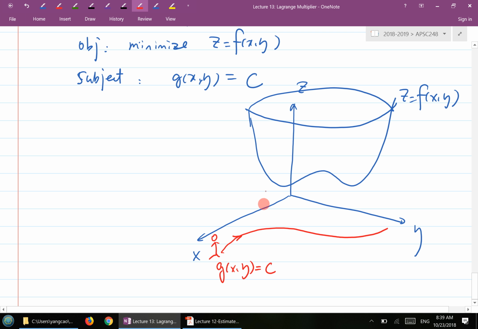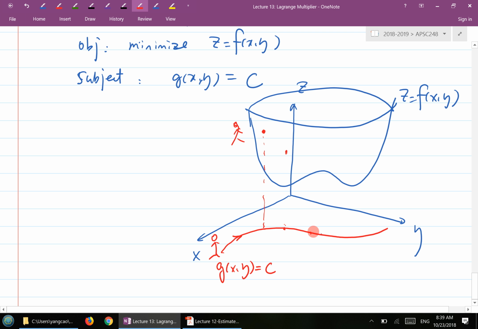At the same time, whenever you're moving along the constraint, there will be another guy being constrained by the person at the bottom. So if you're here, then there is a point on top of the person. So if you're here, there will be another point corresponding on the surface.